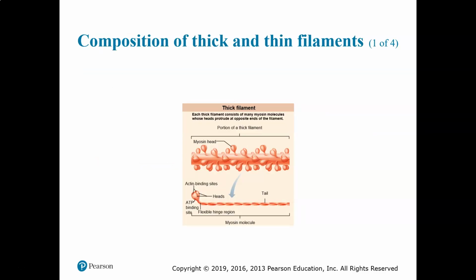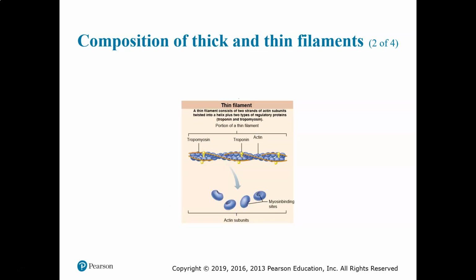So this is showing you the composition of the myosin filaments. They're going to contain two binding sites, a binding site for ATP and a binding site for actin, which are both going to be involved in the muscle contraction. The actin is going to contain the F-actin, which is the rope-like strands of actin that are twisted together to form that thin filament.